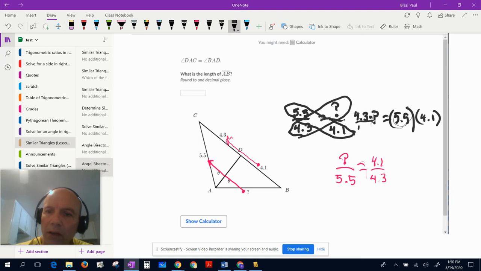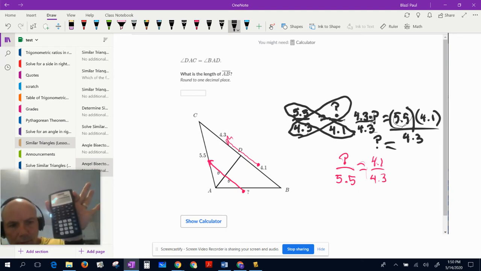Now I'm going to divide both sides by 4.3. And I'm going to get that question mark equals 5.5 times 4.1 divided by 4.3.